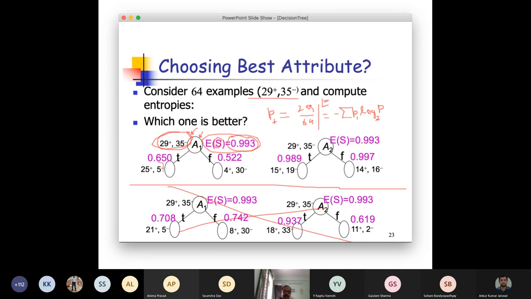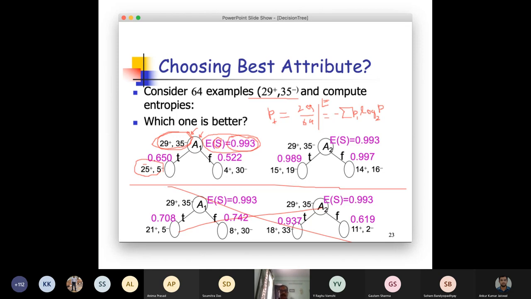Similarly, how do you compute this? Once you have sorted these training examples, you find that for the value of attribute A1 equal to T, when true, 25 of the 29 positive examples have A1 true, and 5 of the 35 negative examples have A1 as true.